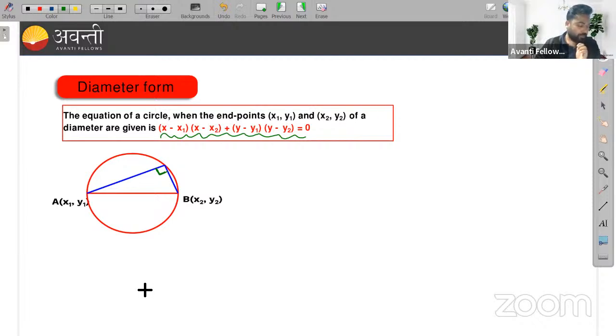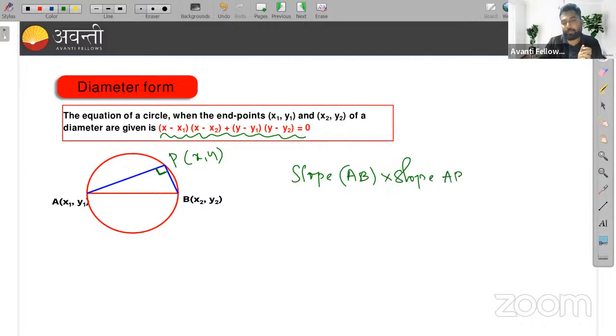Then suppose this point is P with coordinates x, y. Can we say the slope of AP into the slope of PB is -1?